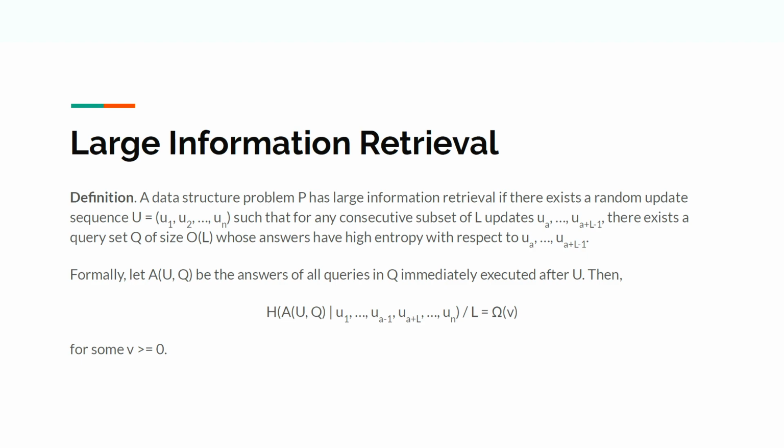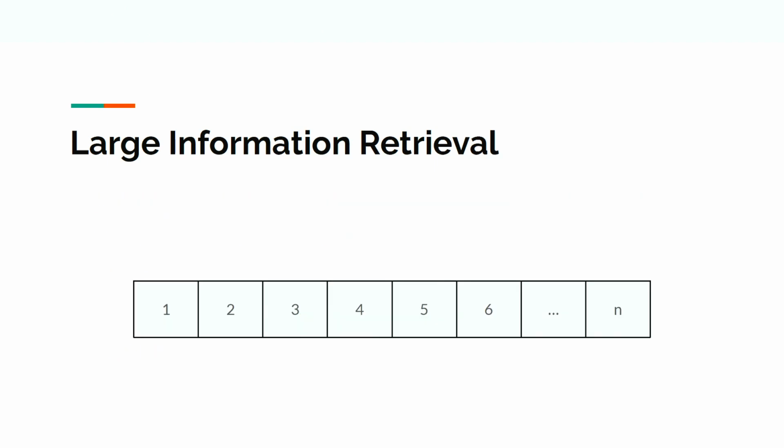It's actually not that complicated, so rather than going through this definition in detail, let's just go through a quick example. I'm going to show you how to do this for sets. Let's suppose you have a set that stores a subset of elements from 1 to n. For every pair of these possible elements, we're going to create one operation. So 1 and 2 will have operation 1, 3 and 4 will have operation 2, and so on and so forth.